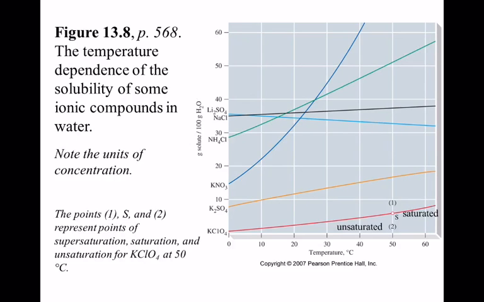If you added more, you'd get sludge. If you didn't have quite as much, you could add more. And if you are successful in getting any of these amounts above S to dissolve, then you have a supersaturated solution. So the line always indicates it's saturated, and anything below is unsaturated. Exactly, right at the saturation point.